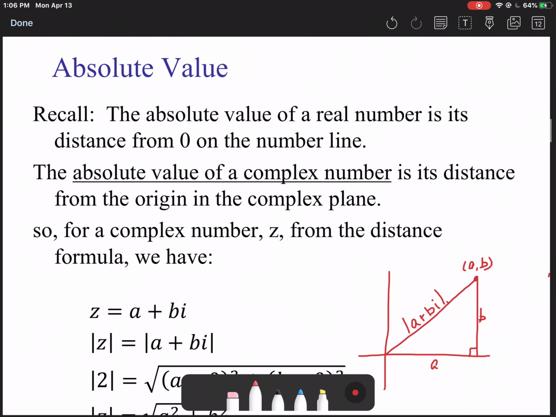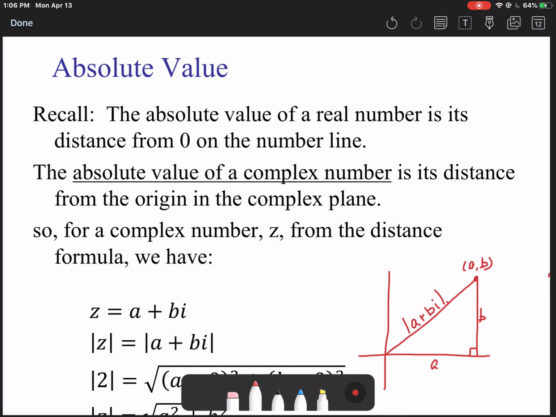Absolute value. You talk about the absolute value of a real number. We define absolute value of a real number to be the distance of that number from 0 on the number line. So the absolute value of 3 is 3.